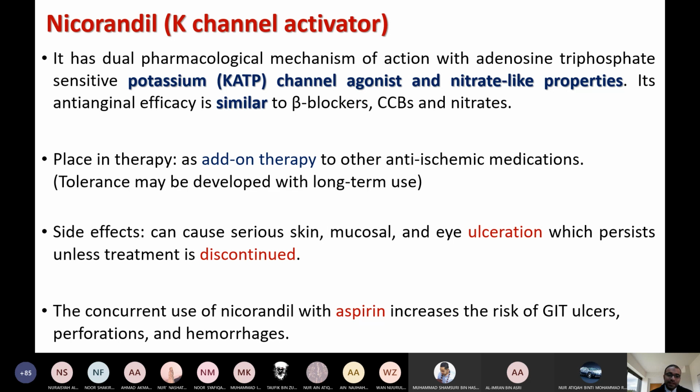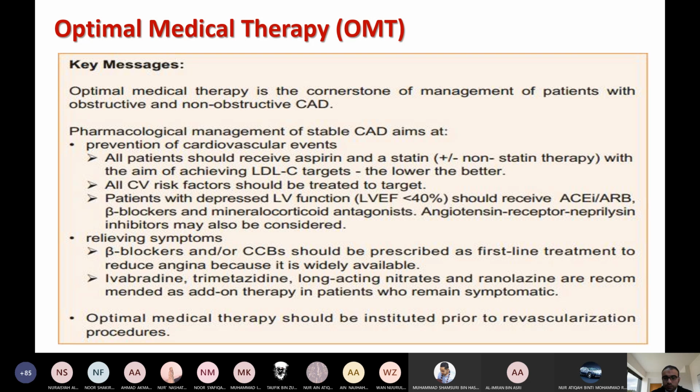The guidelines recommend it as monotherapy or add-on therapy. Like the nitrate, tolerance can occur. Ulceration has been reported, and if found, or if the patient is at risk, it has to be discontinued. And of course, with ulceration and aspirin, we have to be careful.